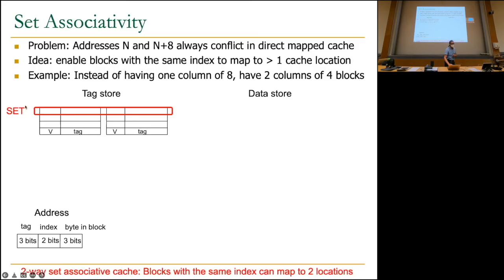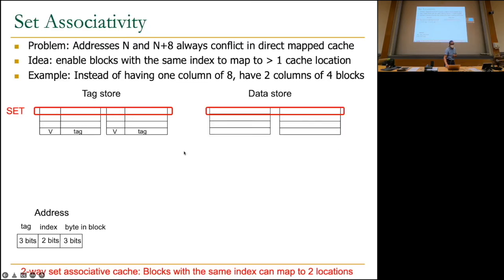Your tag store has 4 indices, so you have 2 index bits as a result, but each index has 2 possible locations. Data store is essentially the same. And we're going to call this a set. This is the set of locations that a particular block in memory can map to, depending on its index bits. And because we have 4 possible sets, we have 2 index bits. Now our tag became larger, as you saw, because we still have the same address size.